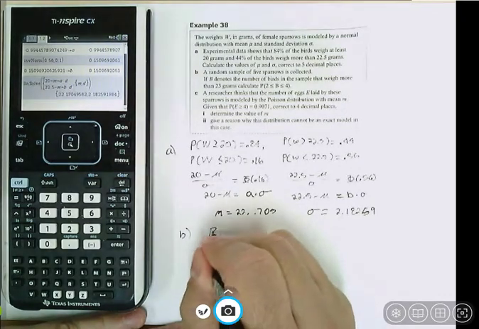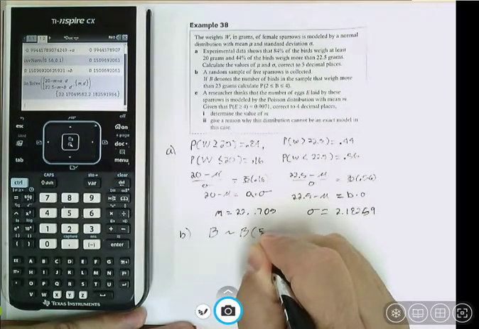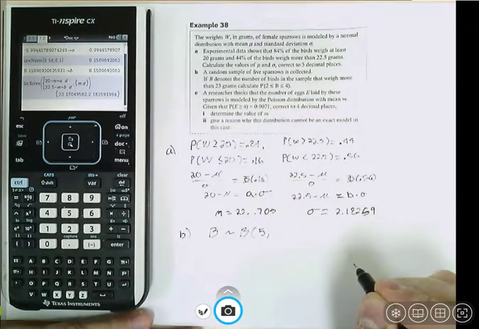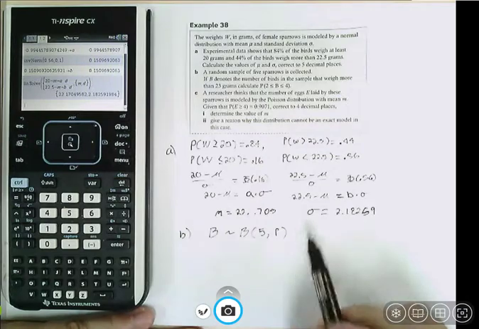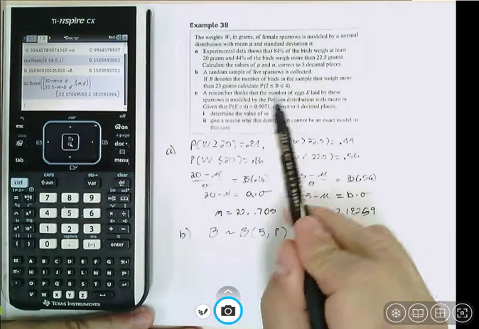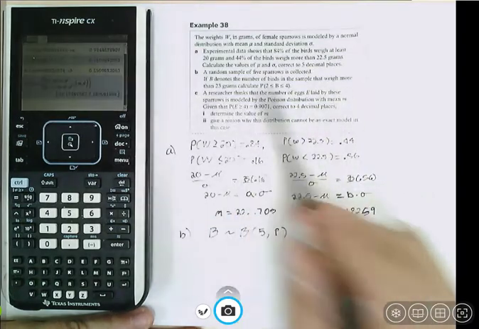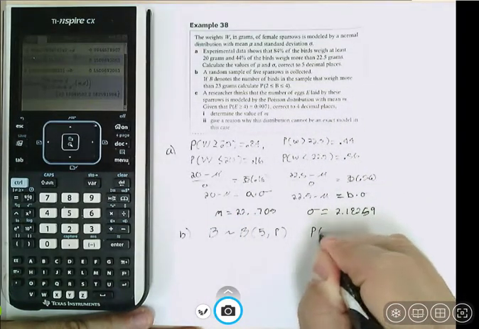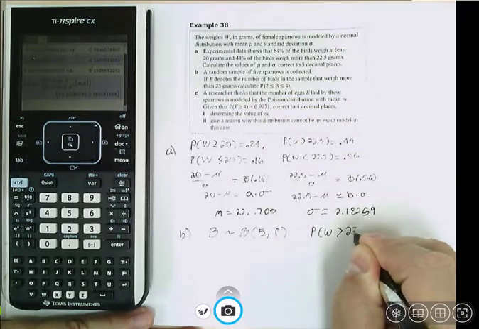They said let it be B is a binomial distribution. We have 5 trials, but we don't know the probability of success. But they kind of gave it to us here. The probability of success is going to use A, and it says the weigh more than 23 grams. So you want the probability that W is more than 23 grams, right?